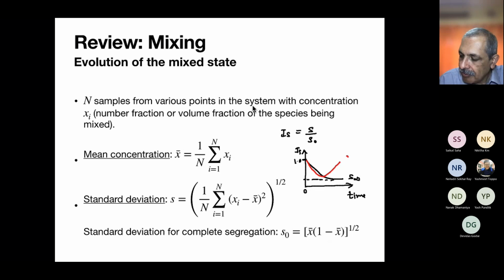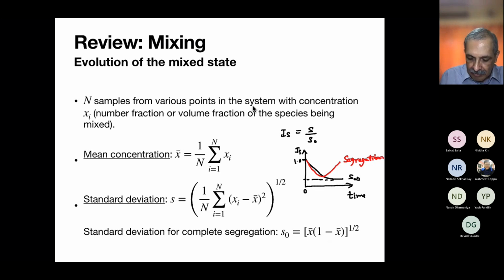This may be due to segregation, and we'll study that also in one of the classes that will follow. So the black line shows mixing up to some final state, and the red line shows a system in which there's first mixing and then it's followed by segregation.